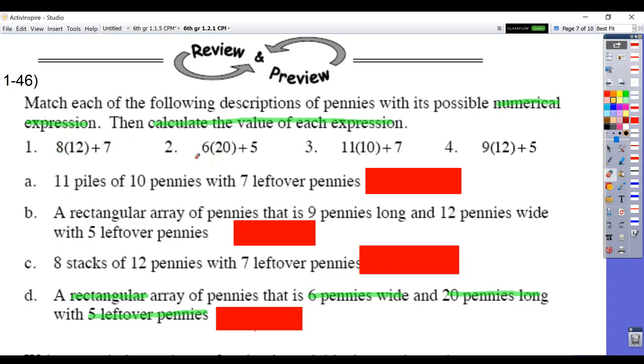So would it be 1, 2, 3, or 4 that would match up with the arrangement that is specified in D? Once you figure out which one it is, then find the value of that. Okay. So you're going to have A match up with one of these, B, C, and D, and then you're going to need to find the value basically of all 4 of these.